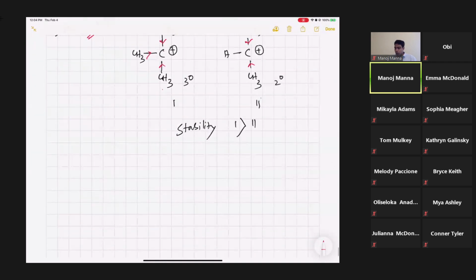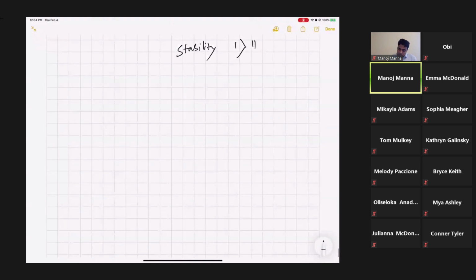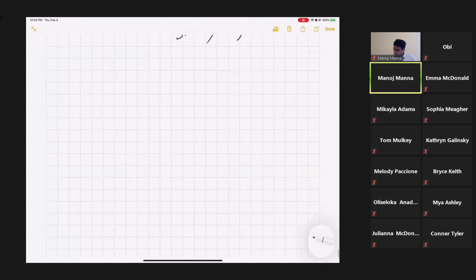Now if you understand the concept, you can explain this one, let's say 1. Now I have a positive charge over here, a positive charge over here, and a positive charge over here.